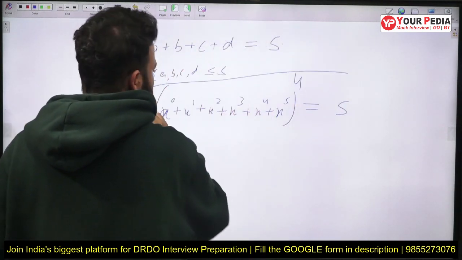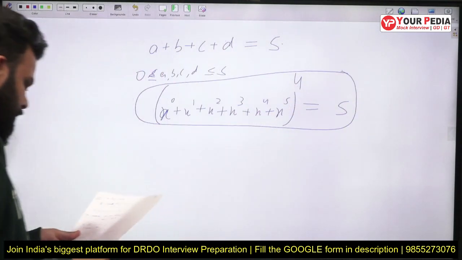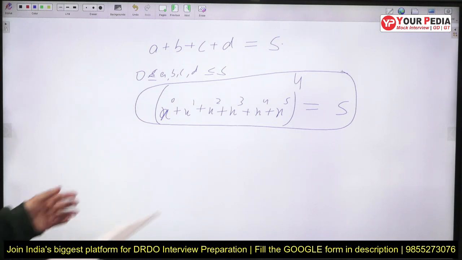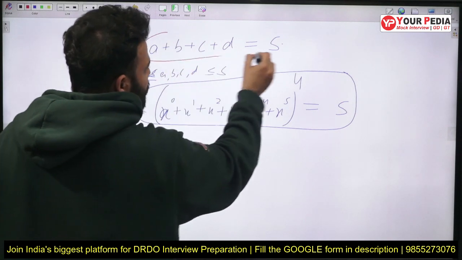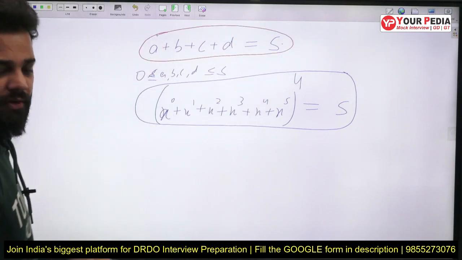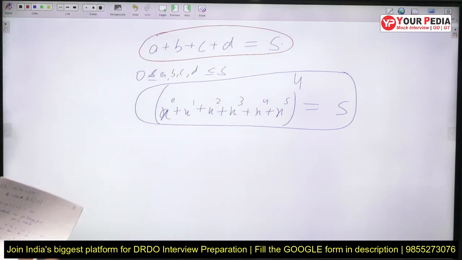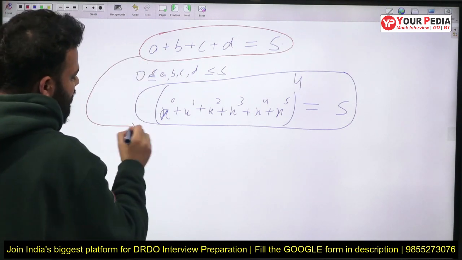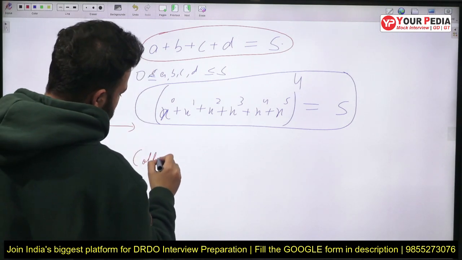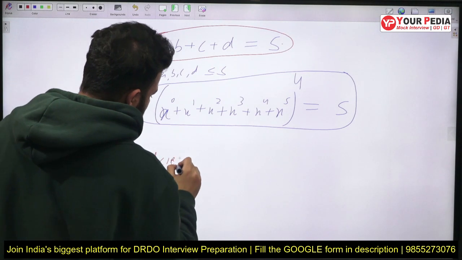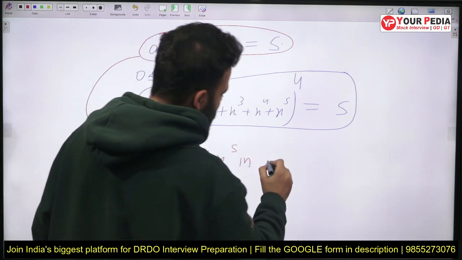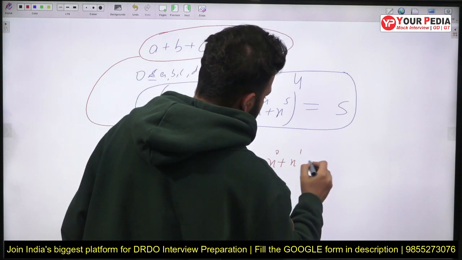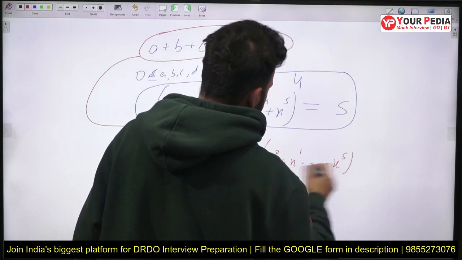So this is the function for this problem. And if someone asks what the solution to this problem is, it is nothing but the coefficient of x raised to power 5 in (x^0 plus x^1 up to x^5) raised to power 4.